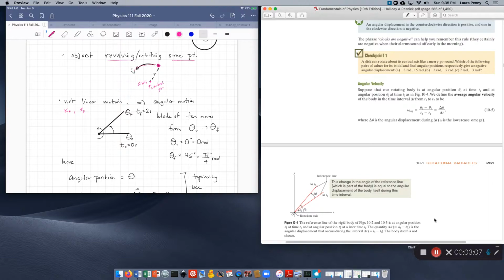Now we're going to have angular motion. So say I've got a blade of a fan, and it moves from some position here, right? So this is the initial position of the blade of the fan. And I can say that's theta naught.